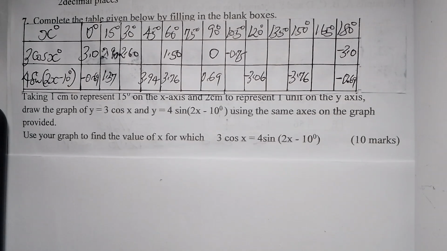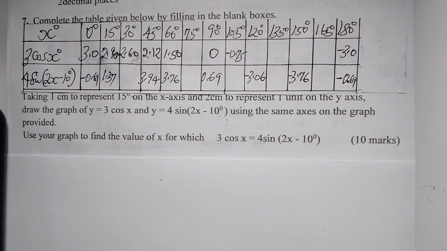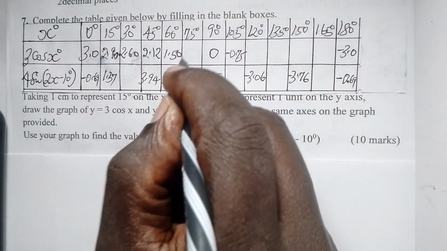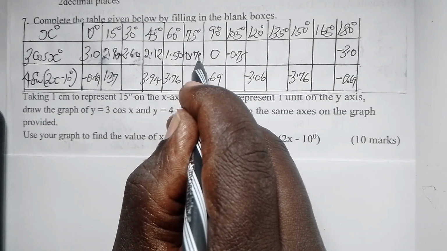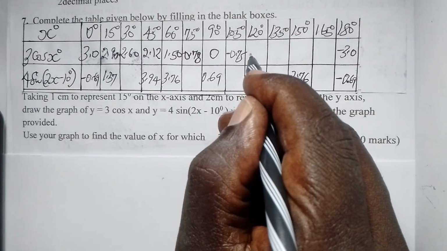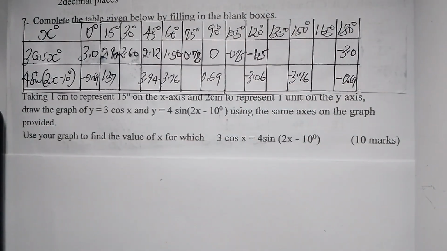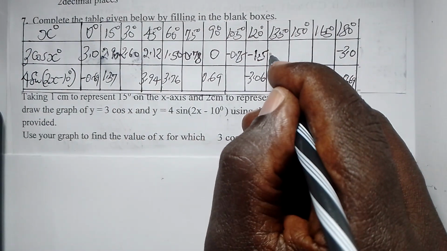And then the other value is 3 times the cos of 45, 2.12. 3 times cos 75, 0.78. 3 times cos 120, negative 1.5. 3 times cos 135, negative 2.12.